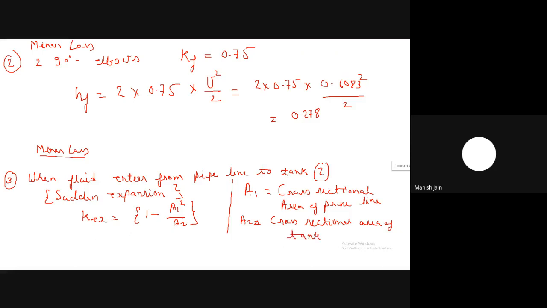So A1 is far less than A2. So you can say this quantity will be near to 0. So Kex equal to 1.